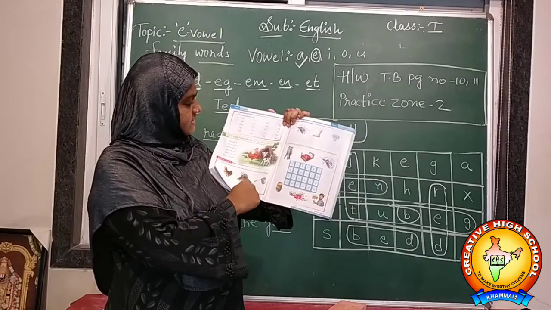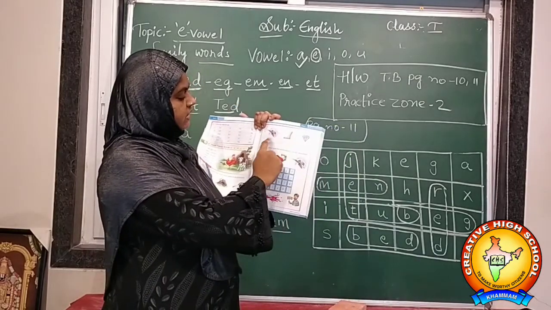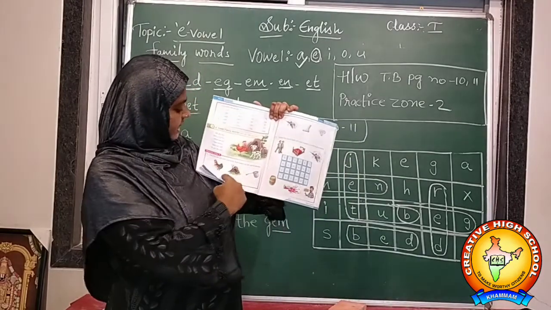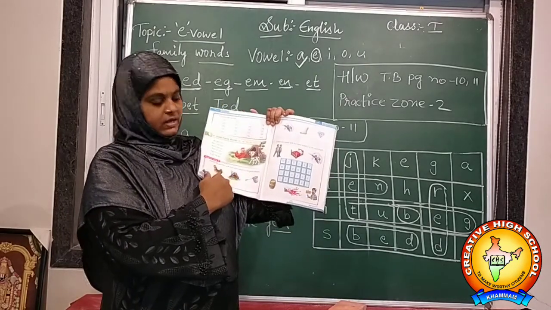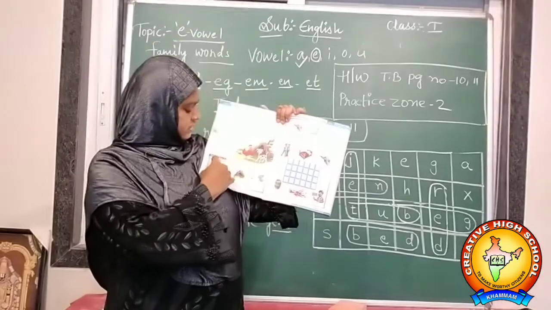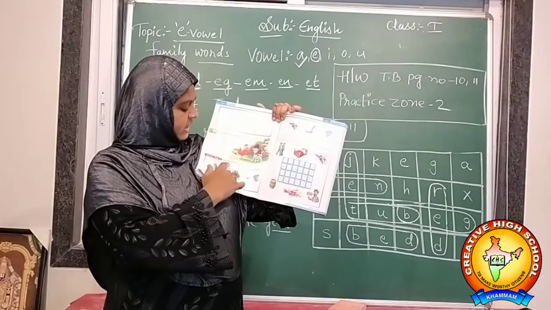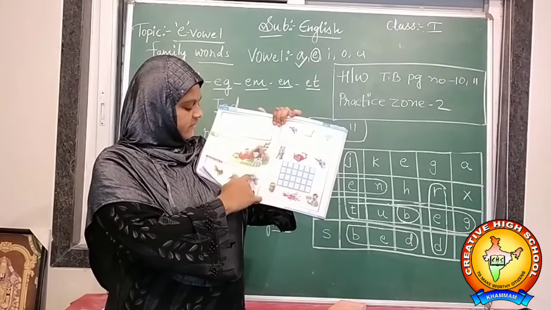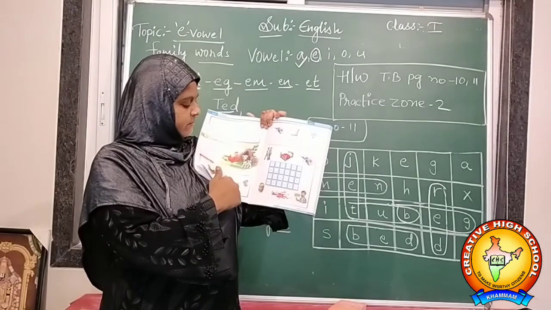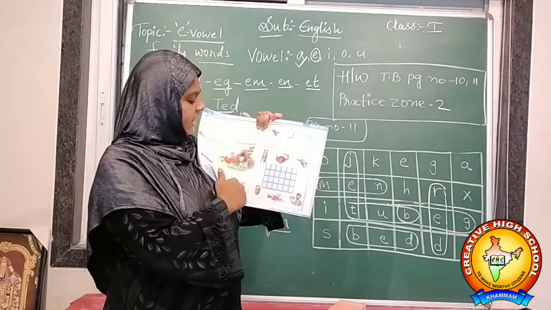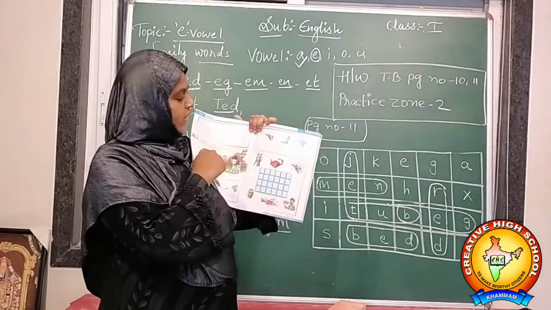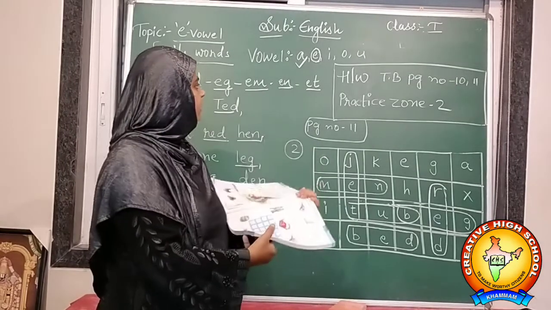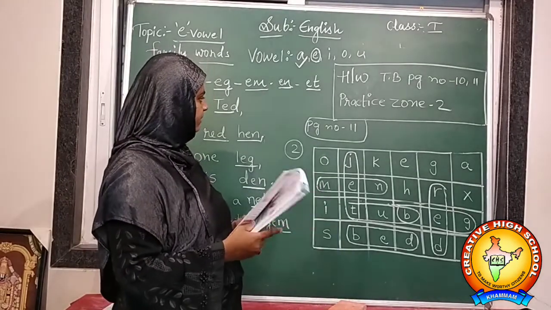So A, B, C, D, E, F. Here 3 are there, here 3 are there. You only do these 6 letter words. See the picture, identify the picture and write their names in the given blanks. That is the homework in the content book I have given you.